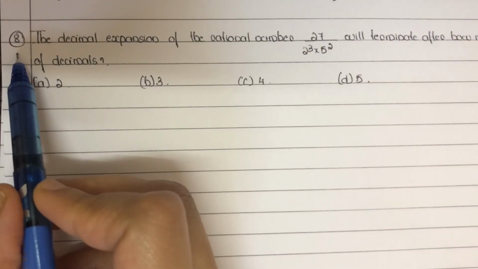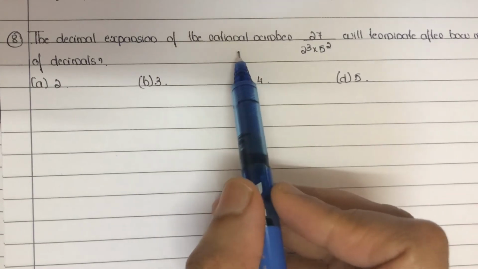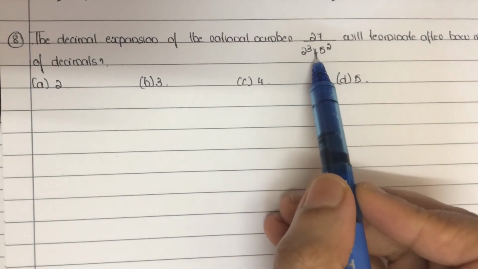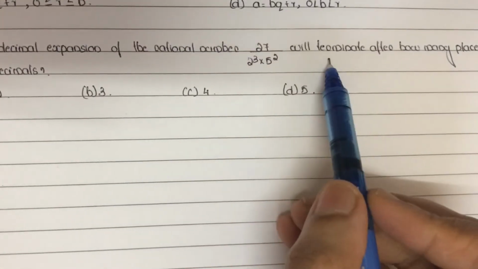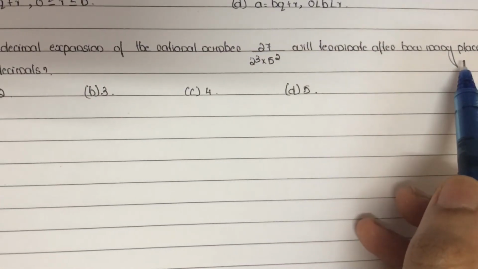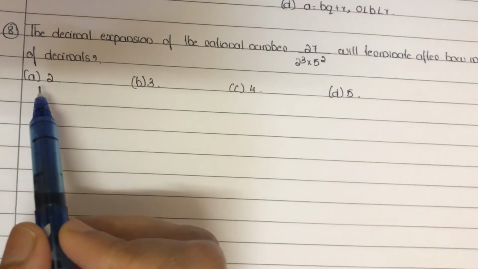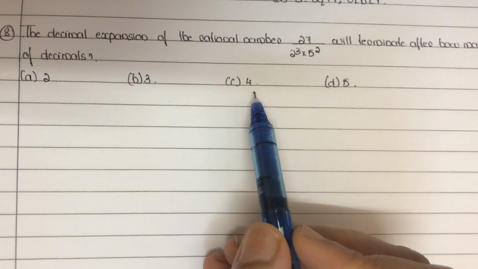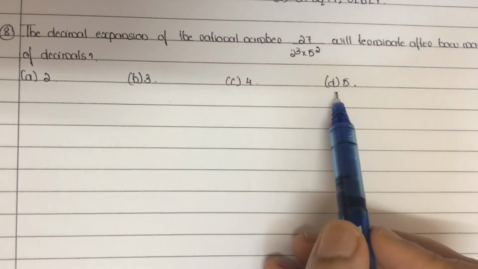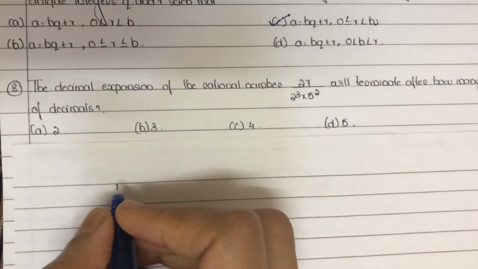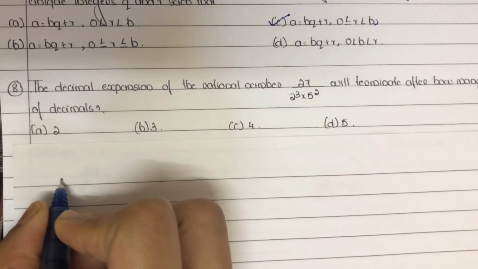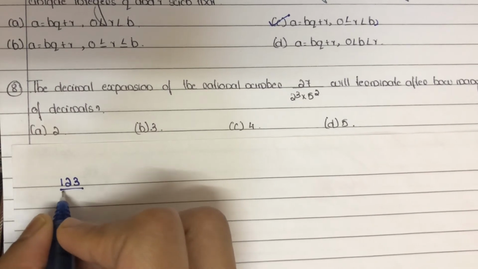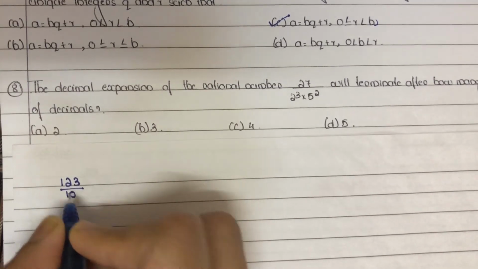Next, question number 8. The decimal expansion of the rational number 27 by 2 raised to 3 into 5 raised to 2 will terminate after how many places of decimals? Option A 2, option B 3, option C 4, option D 5. Consider an example, okay? Find out the decimal expansion of the rational number 123 by 10.